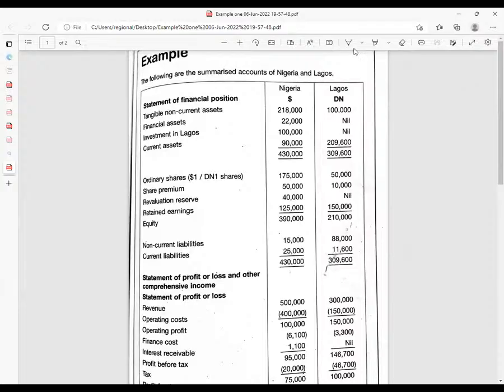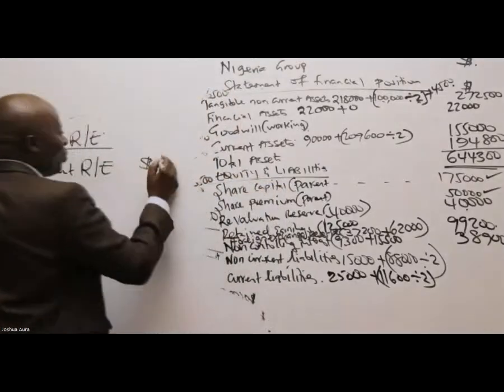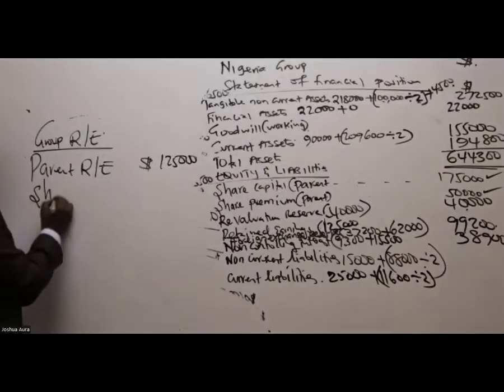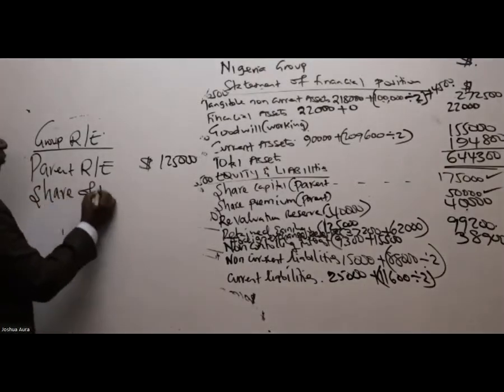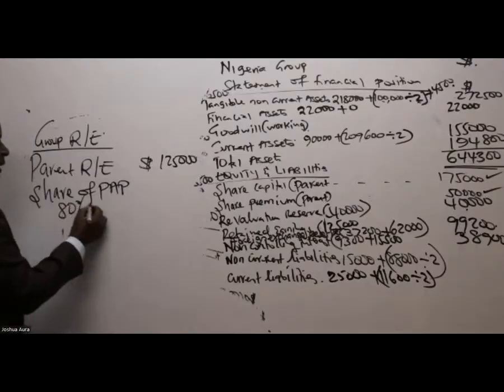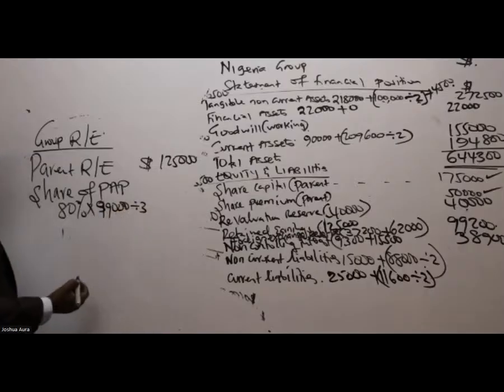So here we have 125,000. So remember here we can only bring the share of POP alone. So share of POP will be 80% of the 33 or 99,000, but divided by 3.